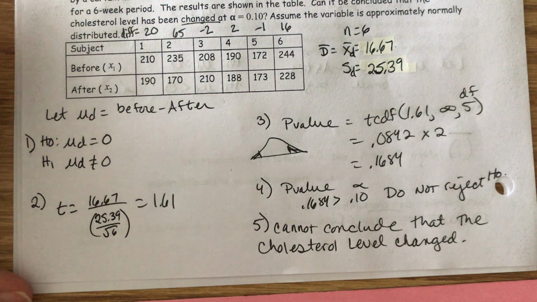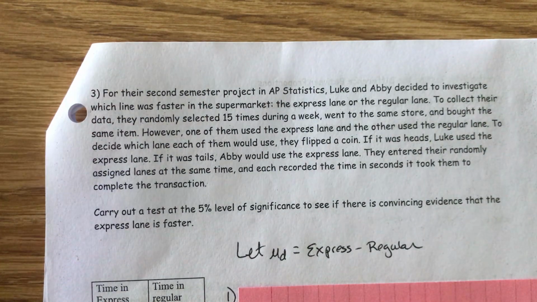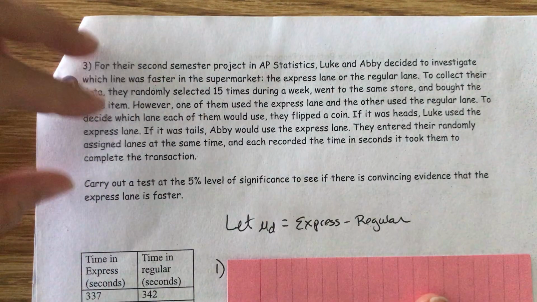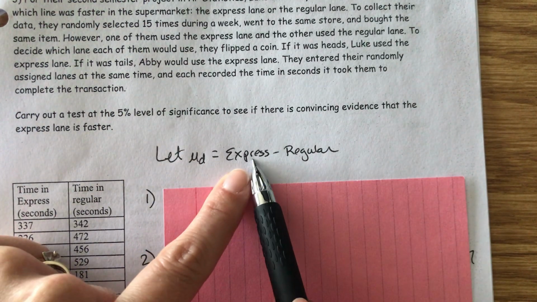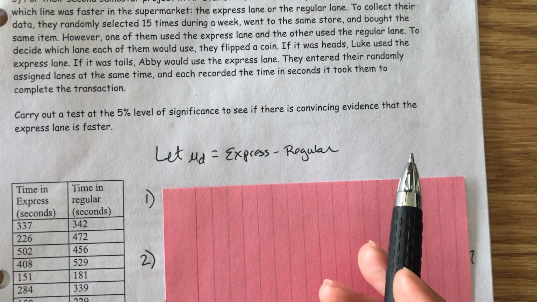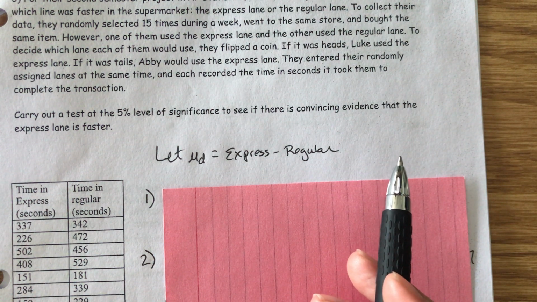All right. So what I want you to do now is read through this next problem. Let me give you the directions, then pause, right? So we're going to read through number 3, pause. I set mine up here as the express lane minus the regular. So there is no before and after, but we're pairing up like the grocery store, sometimes it's really busy and sometimes it's really slow.